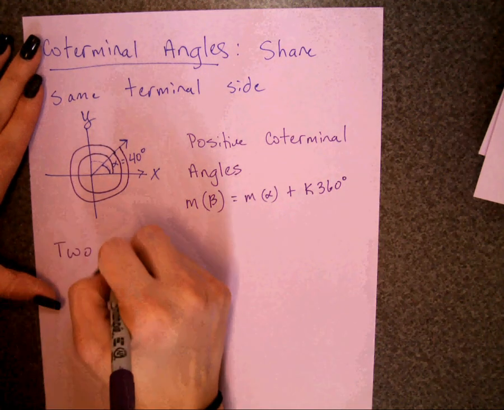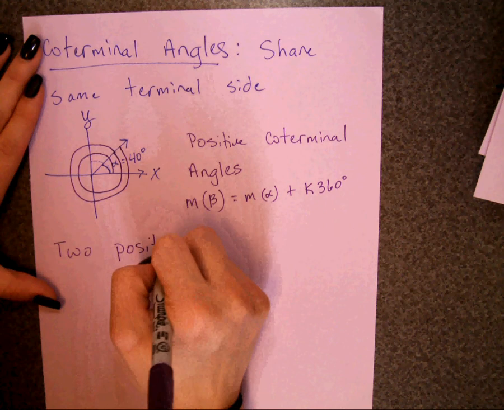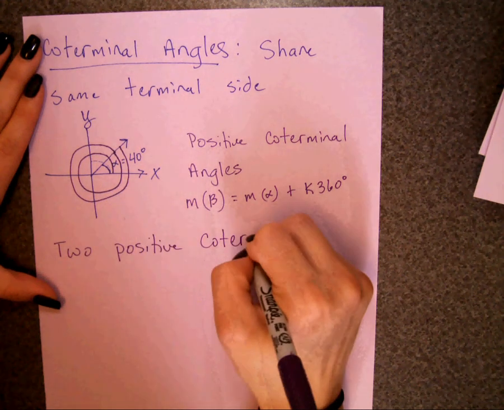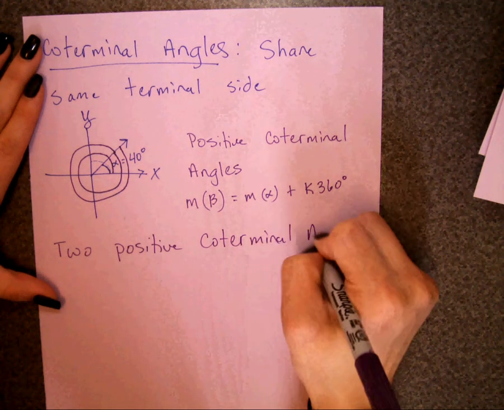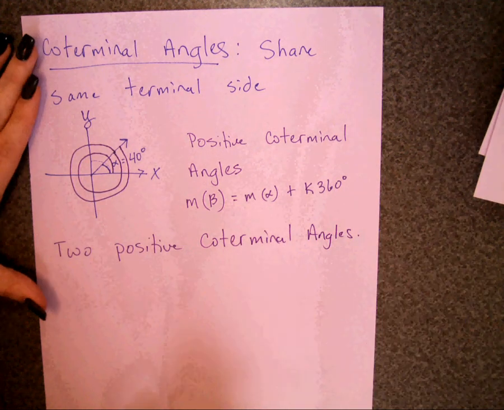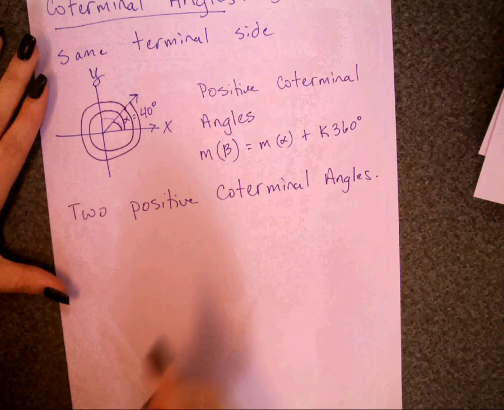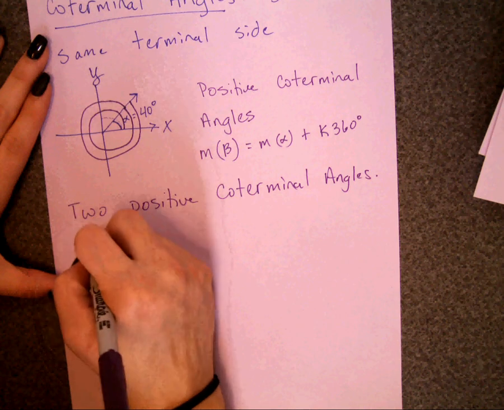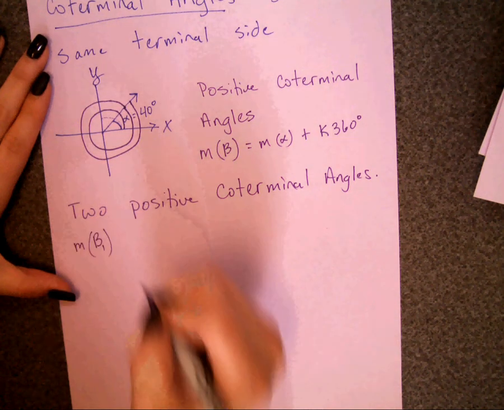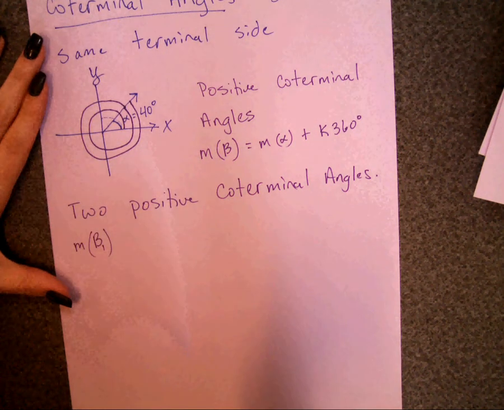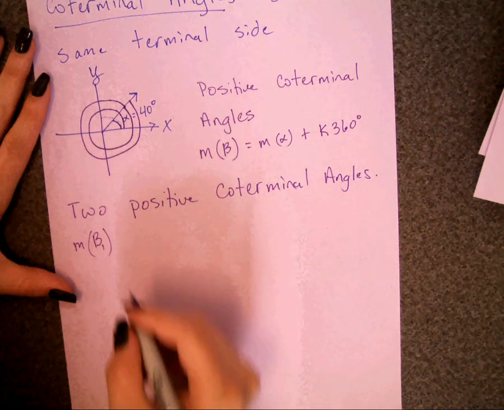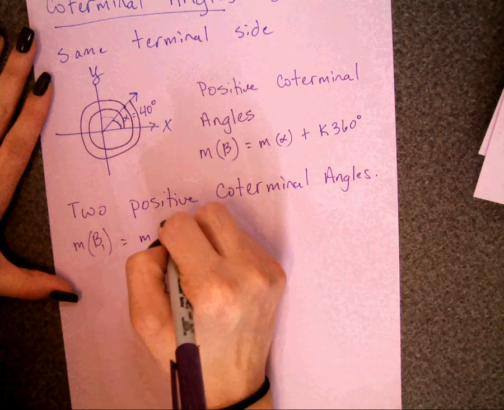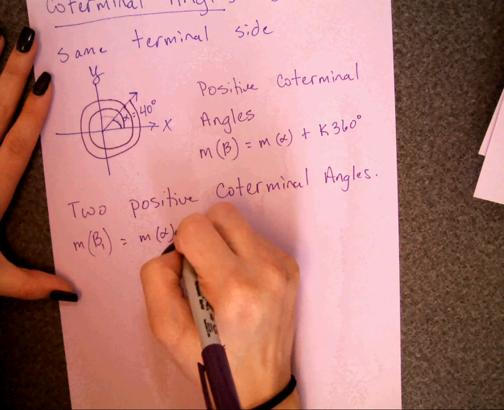So let's take our angle alpha, and I want to find two positive coterminal angles. So let's say the first, I'll call it beta 1. The measure of angle beta 1, I'm just going to go one time around the unit circle and end at alpha. So I'll have the measure of angle alpha plus 1 times 360.